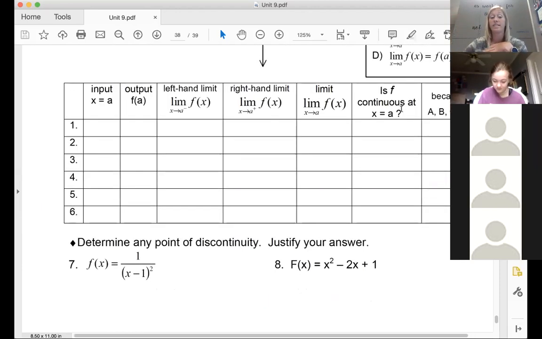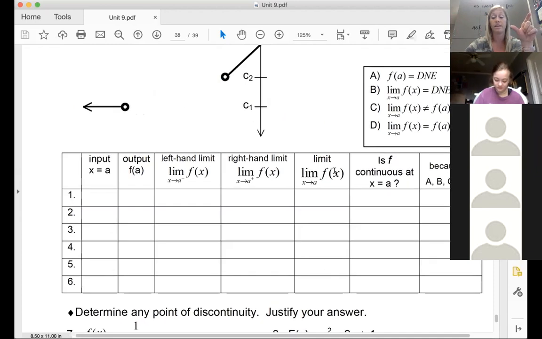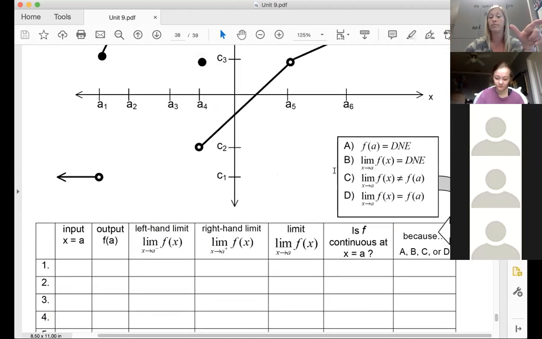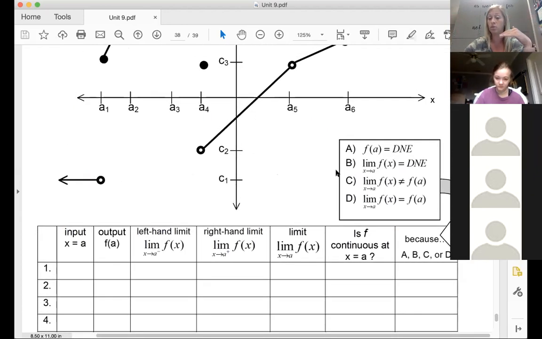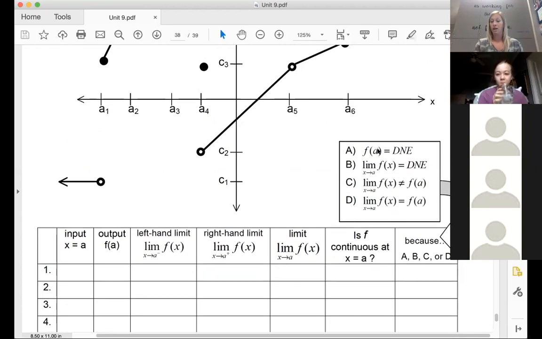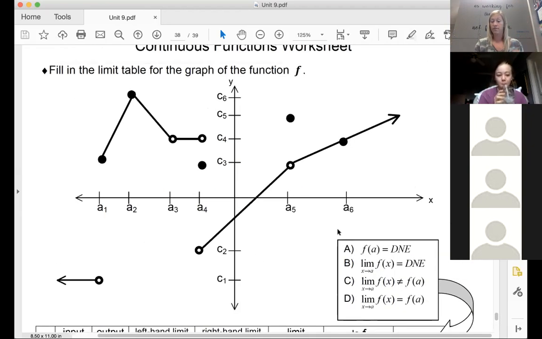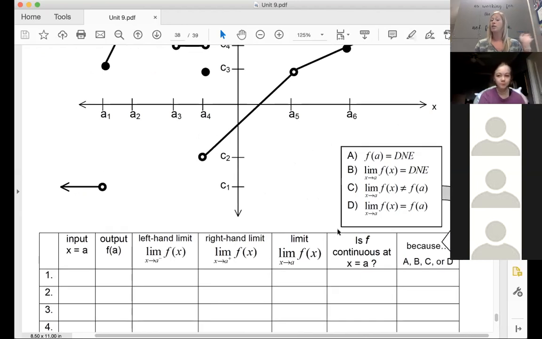And I already said the continuous stuff will be similar to this table. I literally did drop down menus, so you don't even have to type in "limit does not exist" or anything like that. I'm not trying to mess with however everyone could type that. That's a big mess. So I've made a graph like this, and at x equals -2 you pick continuous or discontinuous, and you pick which of those 4 reasons.